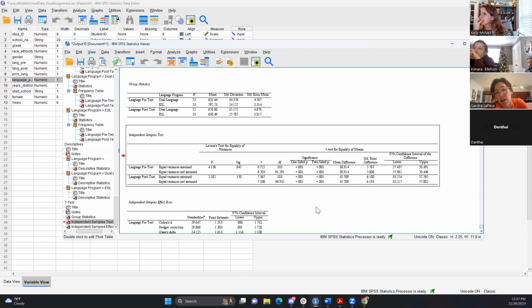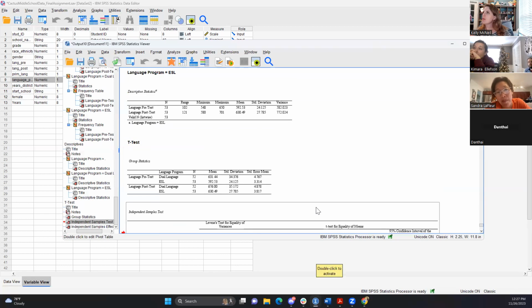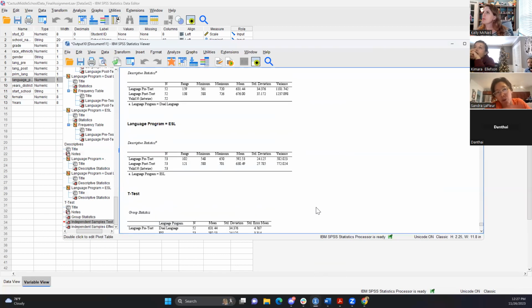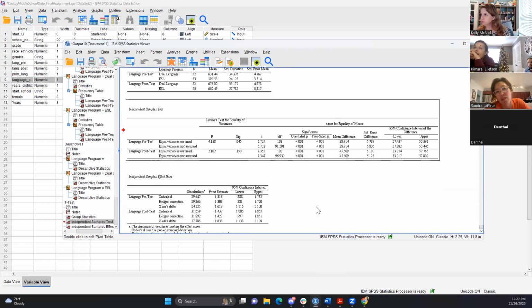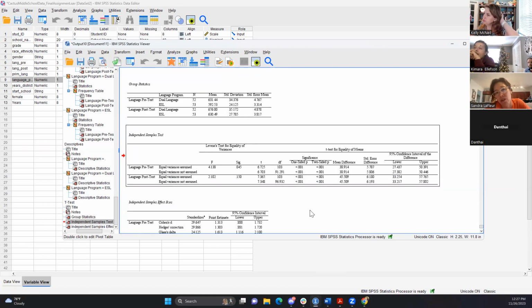I look at the degrees of freedom, which says 103, which is correct. Degrees of freedom is your total N minus 2, I think. So 105 minus 2 is 103.